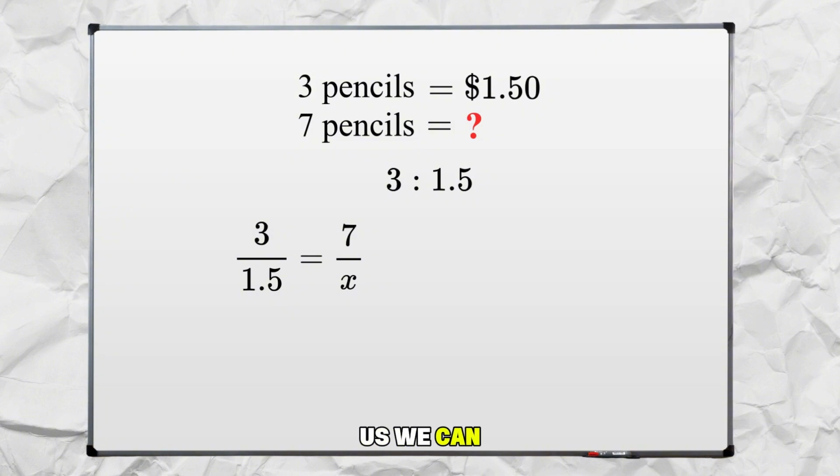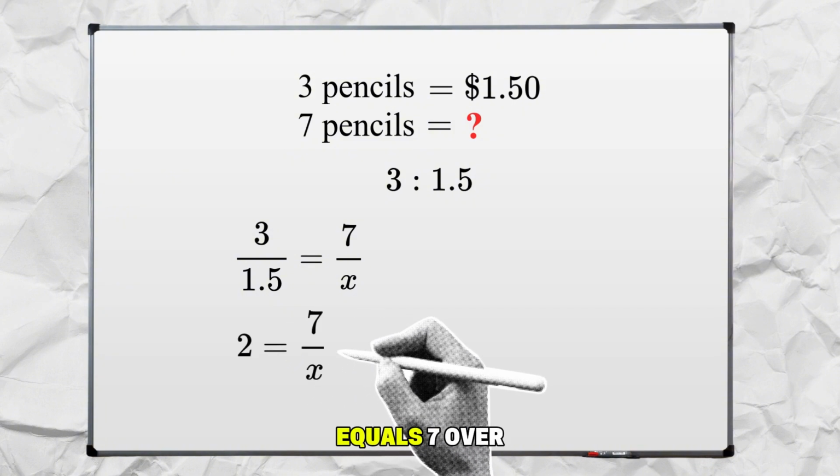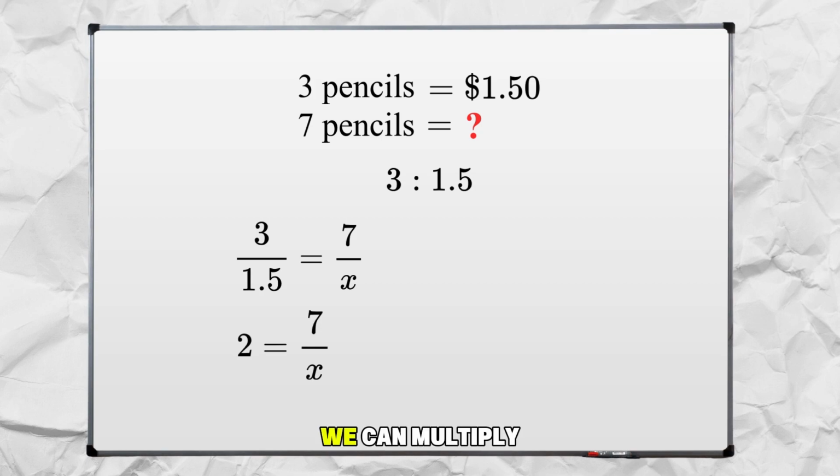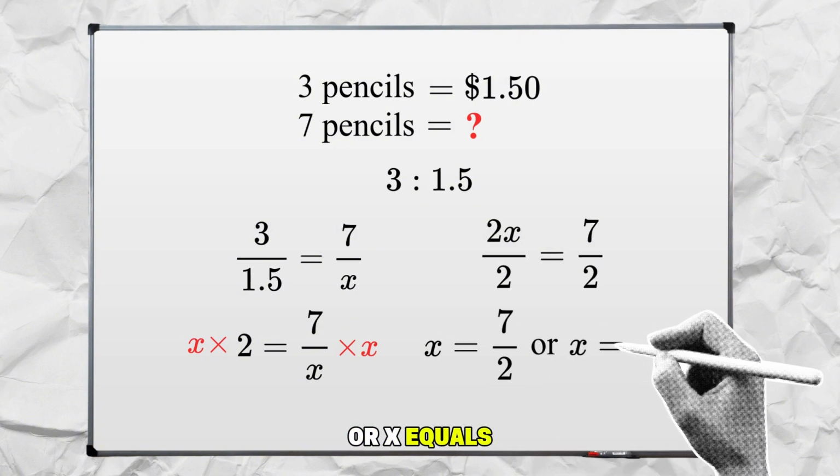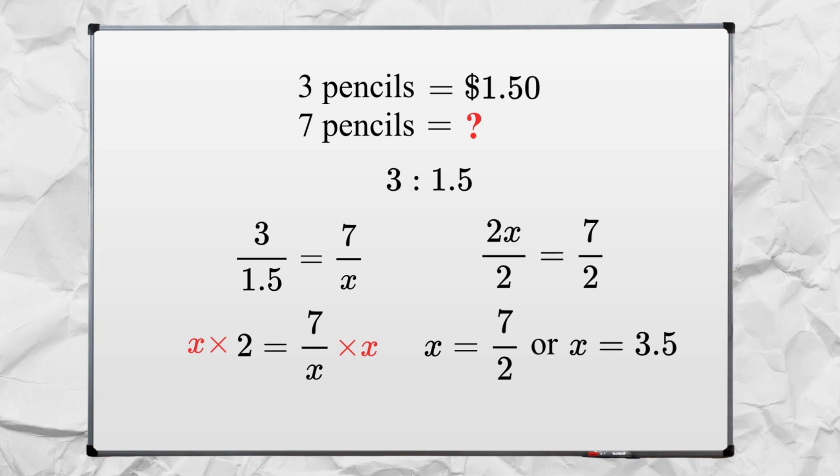Next, we can do 3 divided by 1.5. That's going to give us 2, and we'll get 2 equals 7 over x. We can multiply each side by x and we'll get 2x equals 7. Then we can divide each side by 2, and we'll get x equals 7 over 2, or x equals $3.50. So it's $3.50 for 7 pencils.